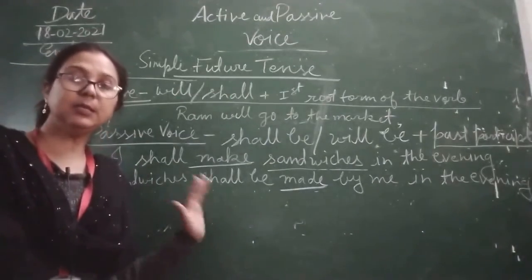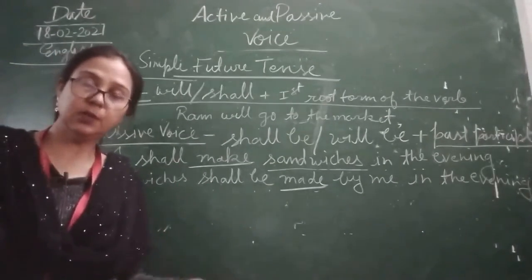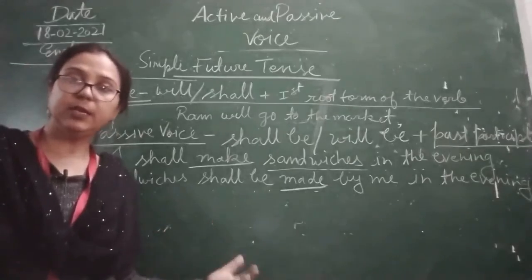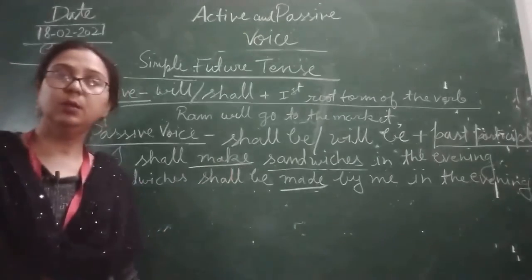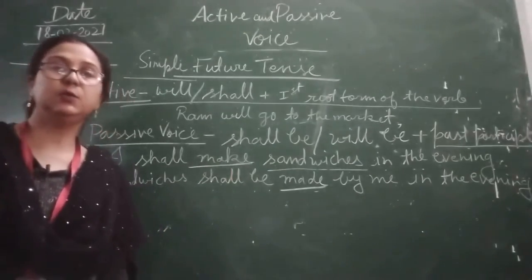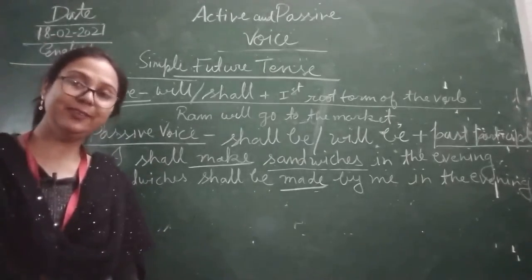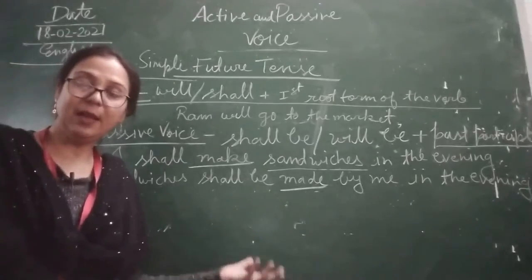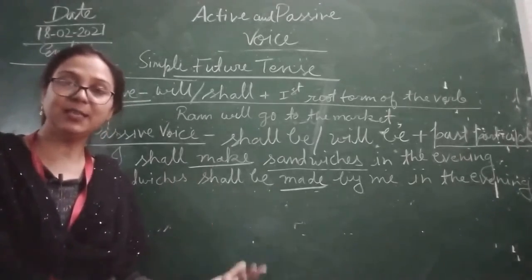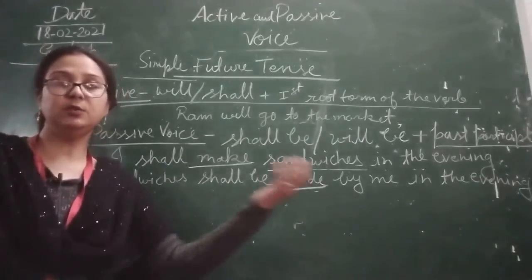We will be continuing the same topic, future tense, in our next video also, because two points are remaining in this. So children, revise whatever we have learned, present tense, past tense, how to convert active to passive voice.